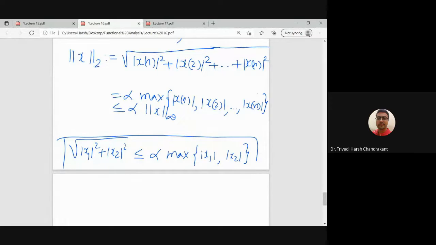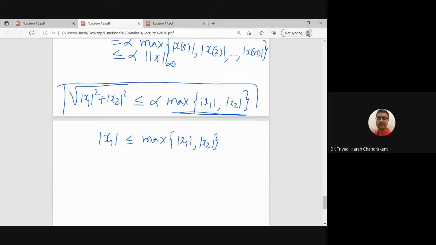Okay, so basically we are using this thing. x1 is always less than or equal to the maximum, so that means its square is also less than or equal to the square of the maximum. Similarly, x2 square is always less than or equal to the maximum of mod x1, mod x2 square.